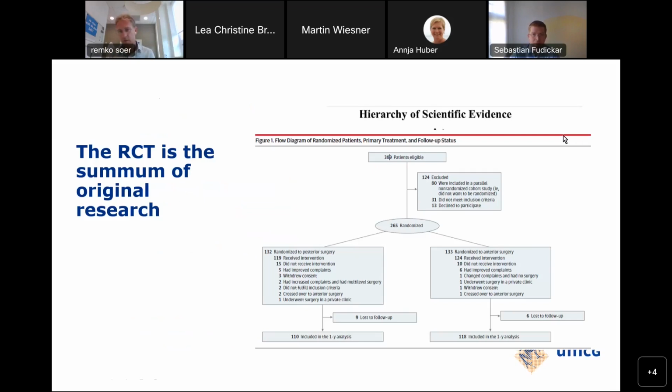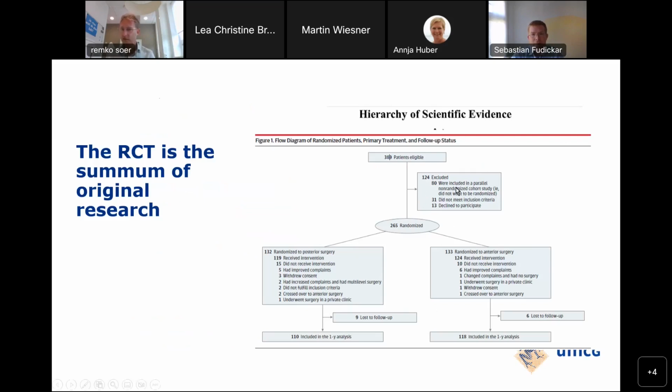So we excluded some because people did not want to be randomized. They did not want to have a coin or an envelope decide whether they were going to have surgery from the front or the back side.